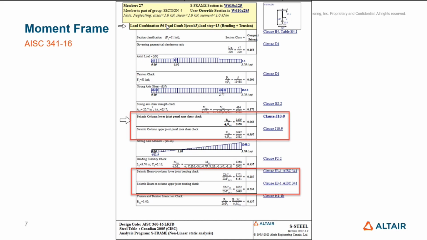So for the column beam bending ratio, the sum of the moment resistance of the columns must be greater than the sum of the expected moment demands from the beams upon hinging or yielding in the beams. And for the column panel zone shear check, shear in the panel zone, which is induced by the forces from the flange of the connected beam due to the bending moments, must be less than its shear resistance.